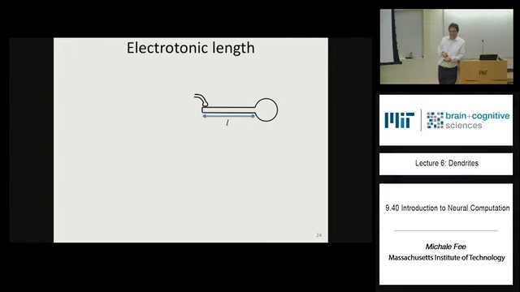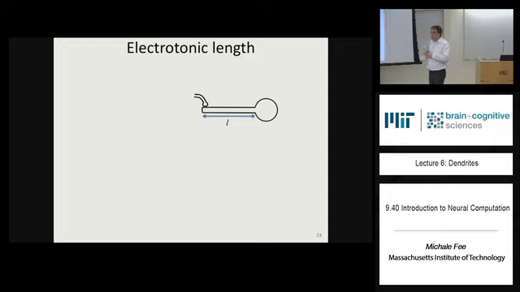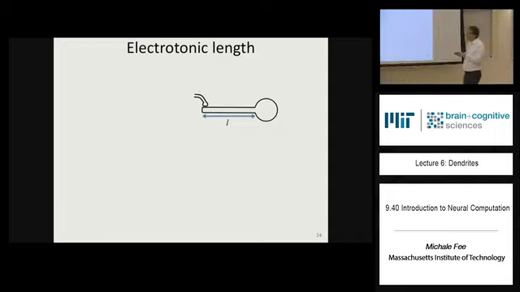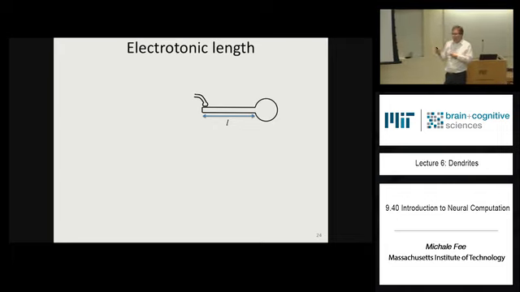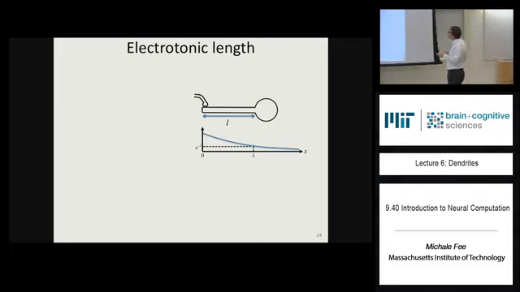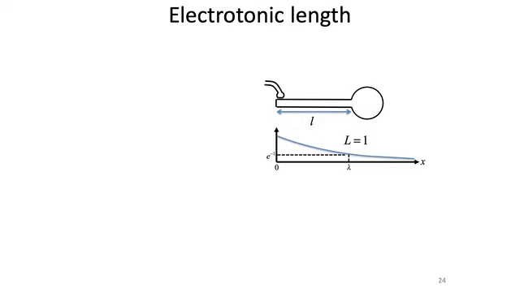Less leaky, right? Okay, so depending on the properties of that dendrite, that piece of dendrite of physical length L might be very good at sending signals to the soma, or it might be very bad, right? If it's really thin, really leaky, right? So we have to compare the physical length to the space constant, okay?